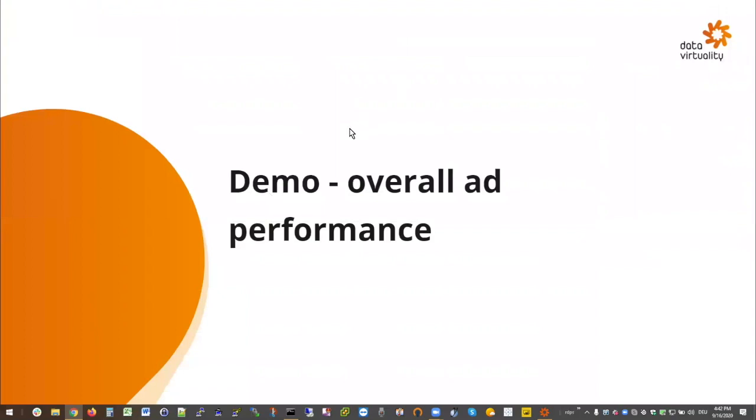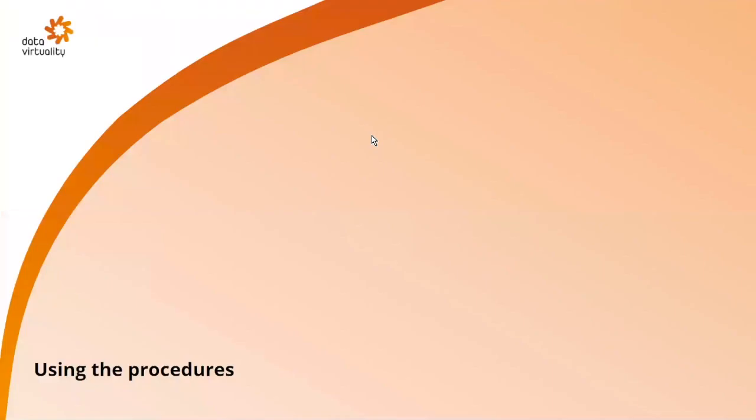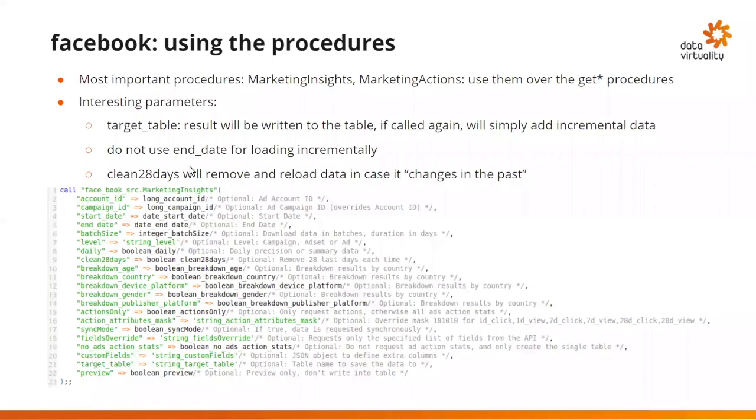Okay, so using the procedure, this is exactly what we want to do, and it's now becoming Facebook specific. This is not entirely true for other types of connectors, but specifically for Facebook, we have some very important procedures. When dealing with the marketing API, use them instead of the get procedures.